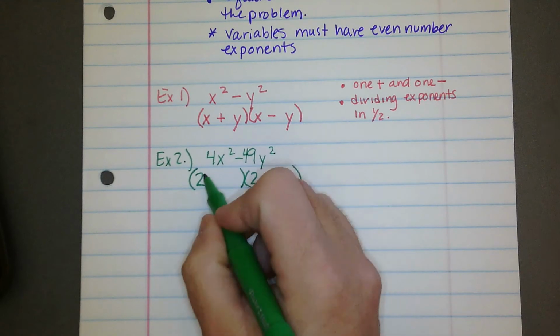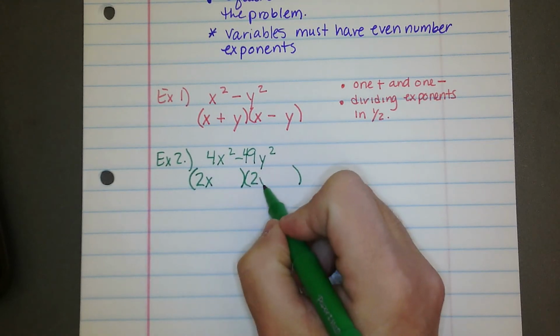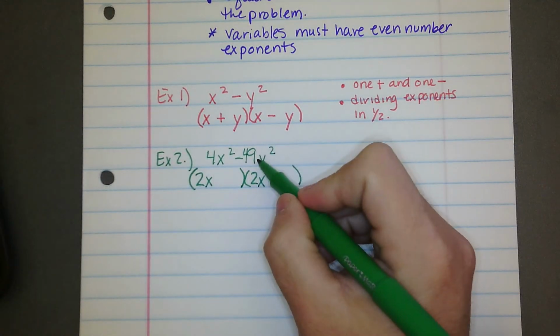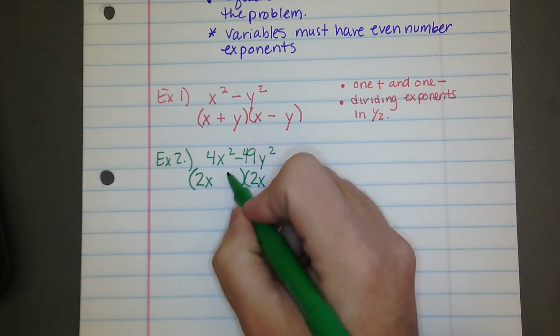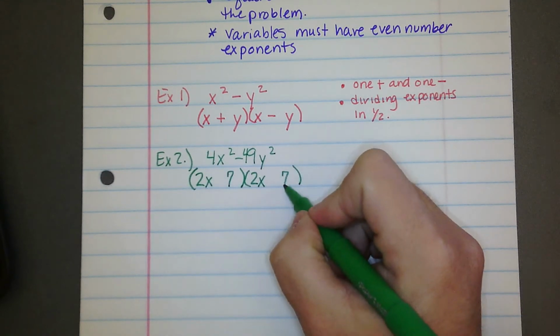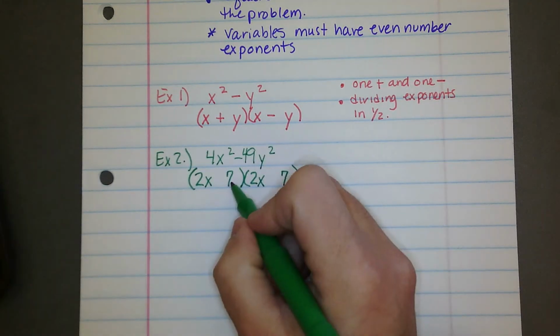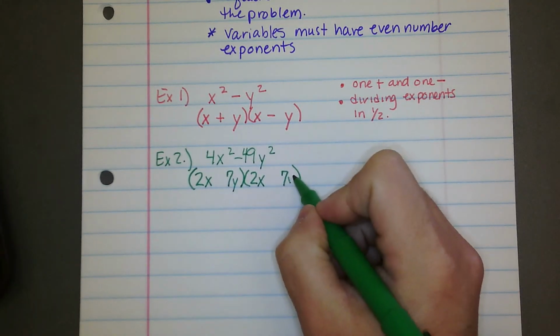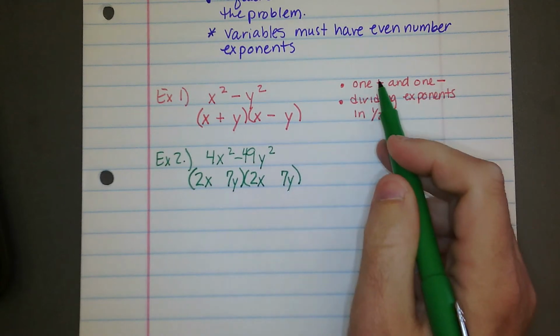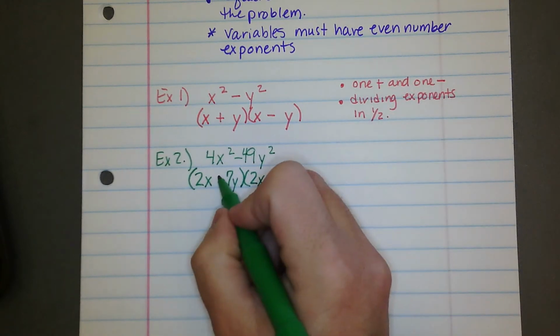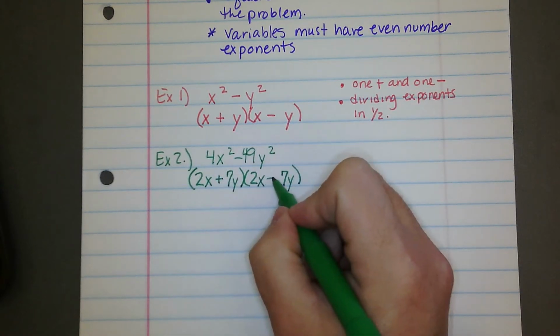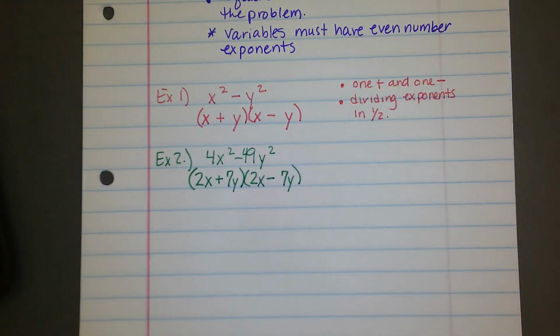And of course, divide x squared into two equal parts. We're going to take the square root of 49, which is 7, and that's going to go in the last two positions. And we know we're going to separate our y squared into two parts. Don't forget that you need one plus and one minus sign, because when you multiply a positive times a negative, you get a negative. And that's how you end up doing this problem.